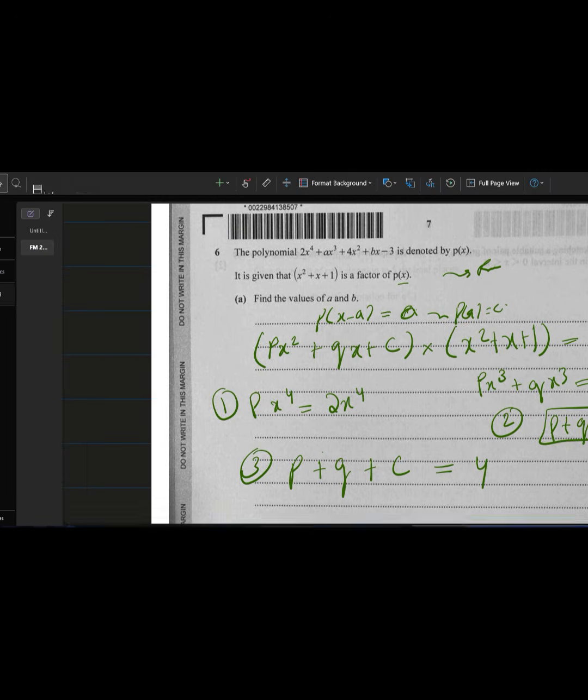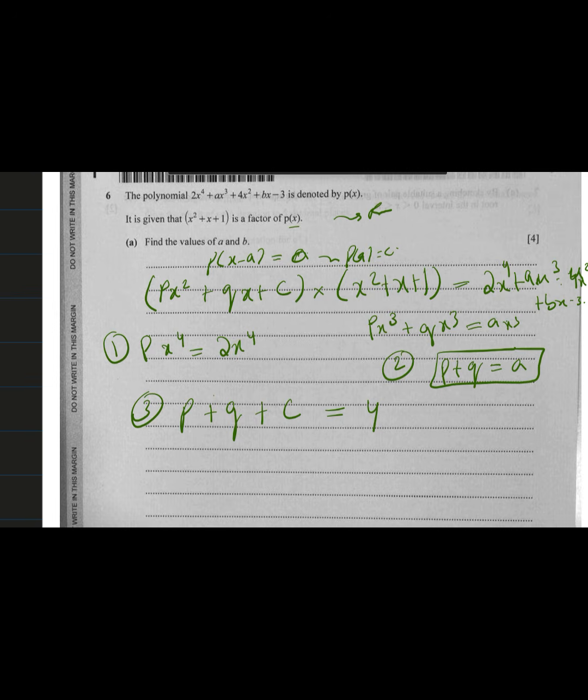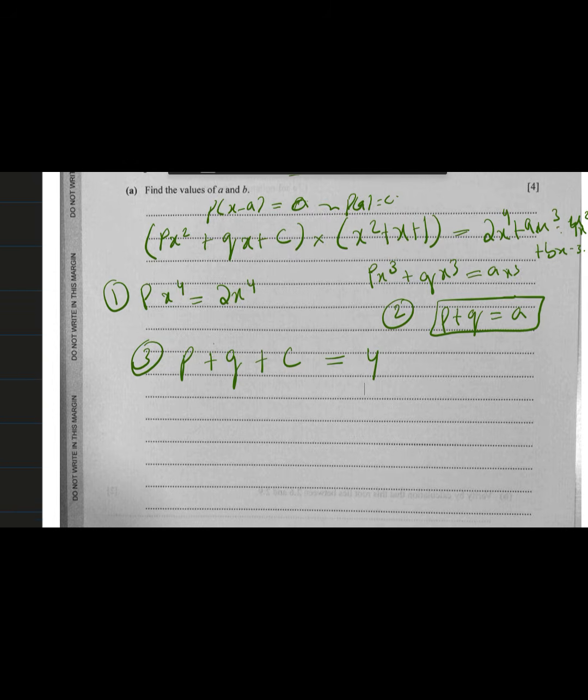The reason we're doing this is because px squared will multiply by 1, qx will multiply by x so it becomes qx squared, and c will multiply by 1. So we have the third equation, p plus q plus c. We can use other equations as well, but I guess that would yield the same thing.